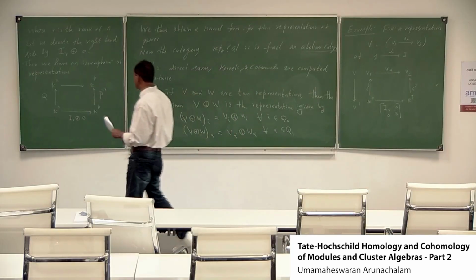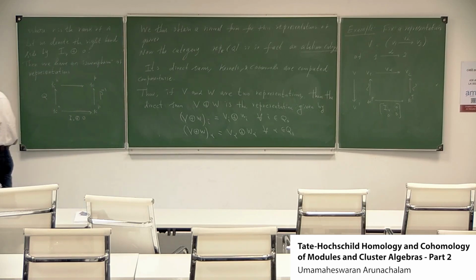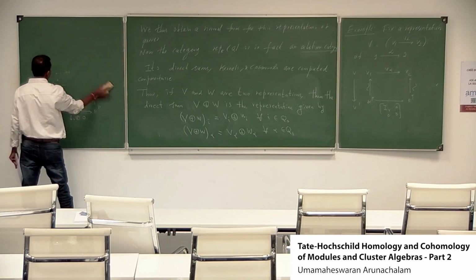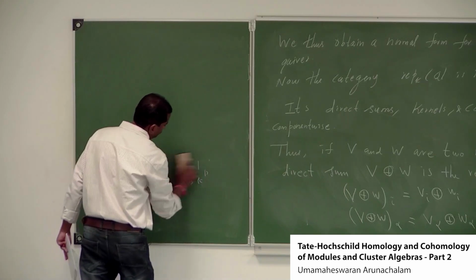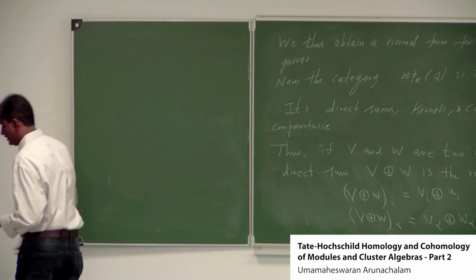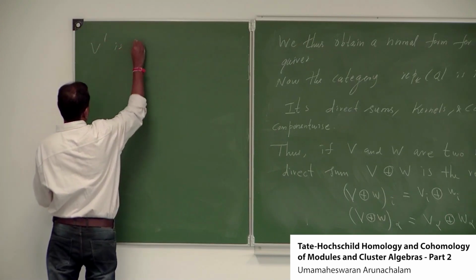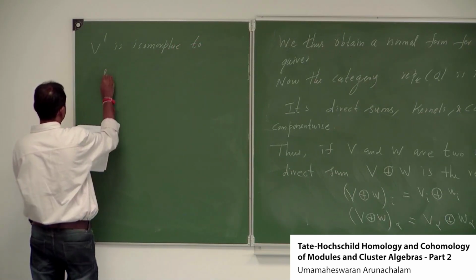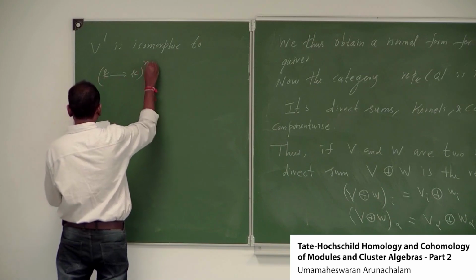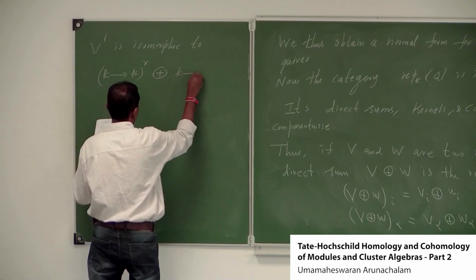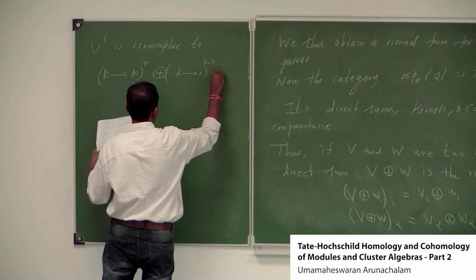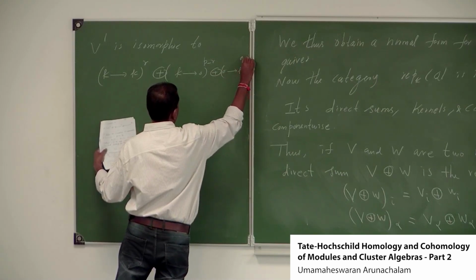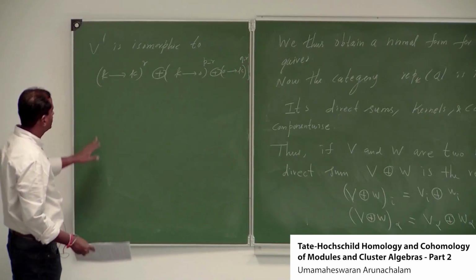So V dash is isomorphic to the direct sum of K to the power R with the identity, and 0 into K to the power P minus R, and 0 into K to the power Q minus R. So your V dash is isomorphic to this one.